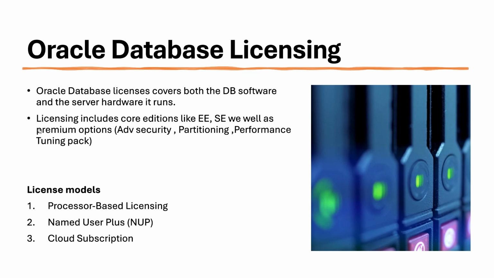You need to go for additional licensing for them. For example, if you want to have the Database Tuning Advisor pack, you need to pay an additional license for that. If you want partitioning enabled on your database system, you need a partitioning license as well. By default, Enterprise Edition supports it, but you need an additional license for it.